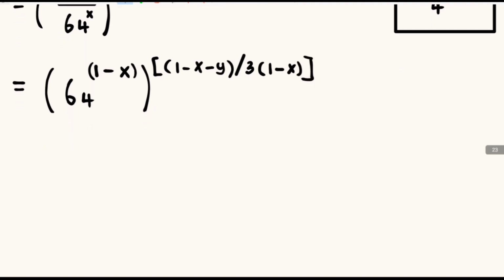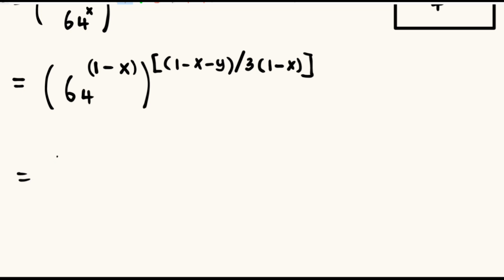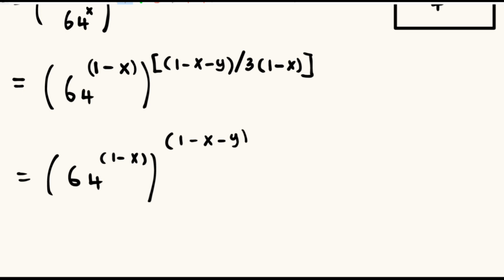I prefer we rearrange our expression. So we have 64 raised to the power 1 minus x, and this is raised to 1 minus x minus y, and we're dividing by 3 multiplied by 1 minus x. 1 minus x and 1 minus x will cancel out each other.